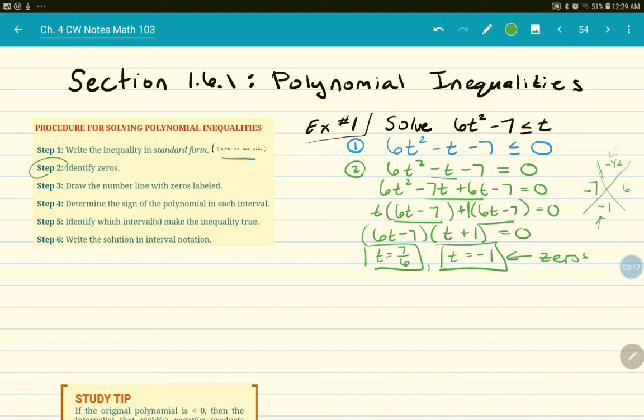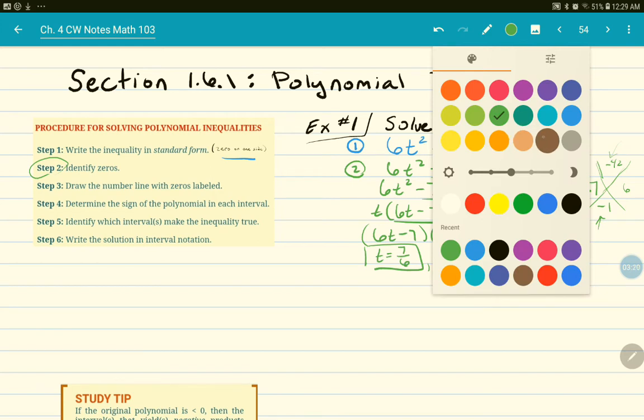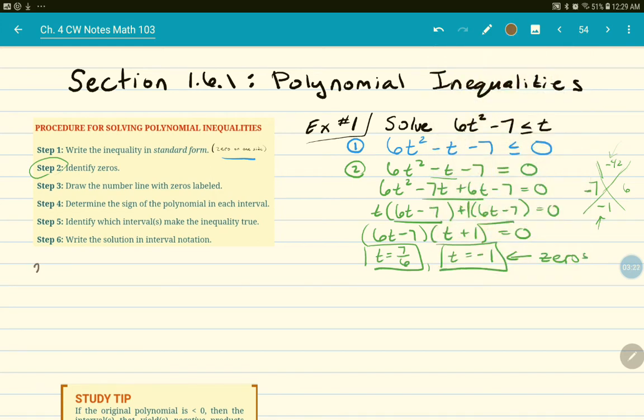Now for step 3, I'm going to draw a number line, and I'm going to use those zeros to make intervals. Remember that the polynomial can change signs only at a zero. It's either all above or all below unless it crosses the x-axis.